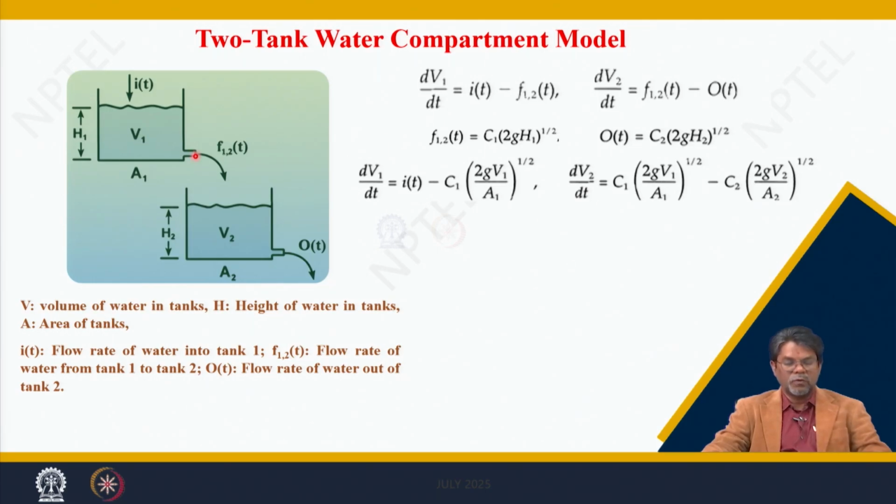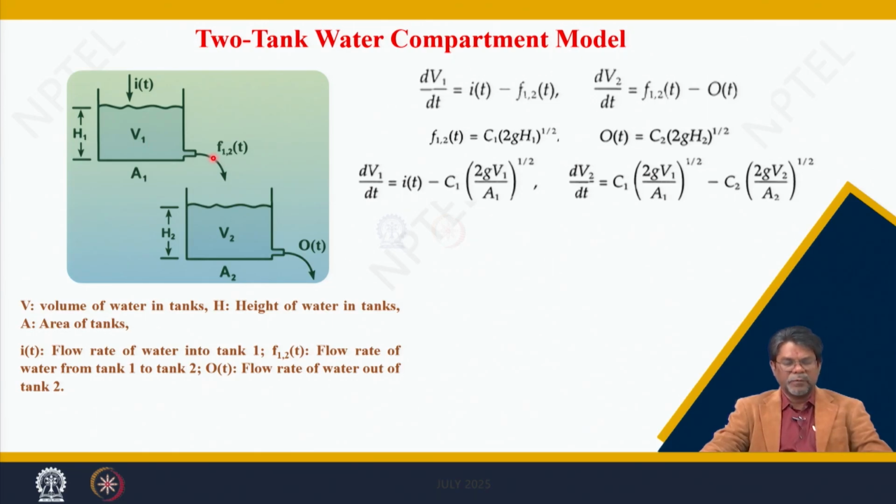F1 to 2 is the flow rate of water from tank 1 to tank 2, and IT is the inflow of water to tank 1 from the source. So F1 to 2 is the outflow of water from tank 1 to tank 2. These are the parameters and dimensions of tank 1.